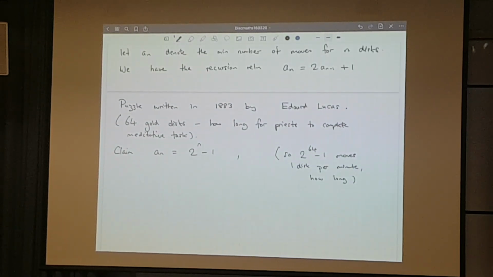Okay, so when such an explicit formula exists, we call it the solution of the recursion relation. I'll convince you it's a solution, and then we'll come up with general techniques.